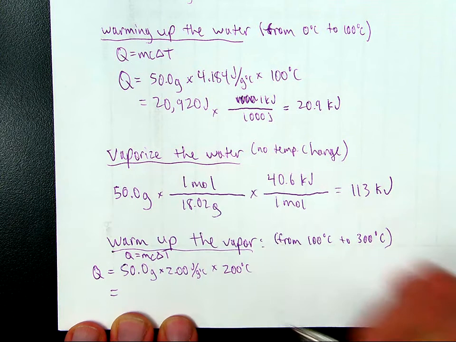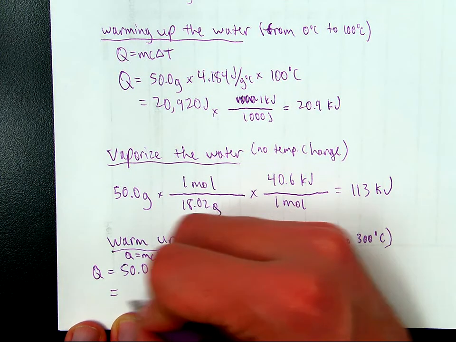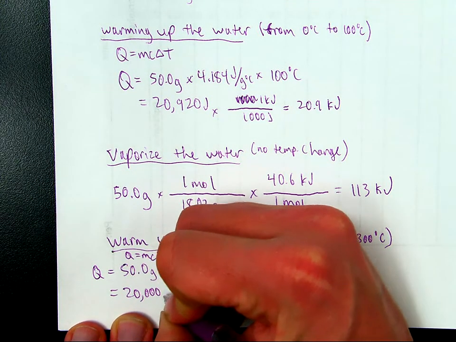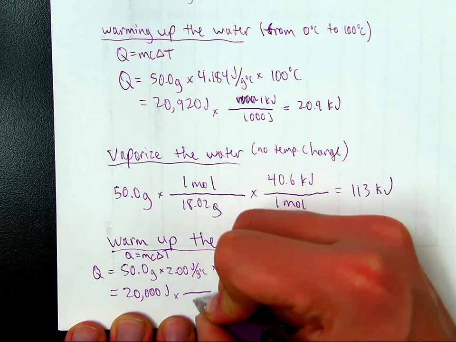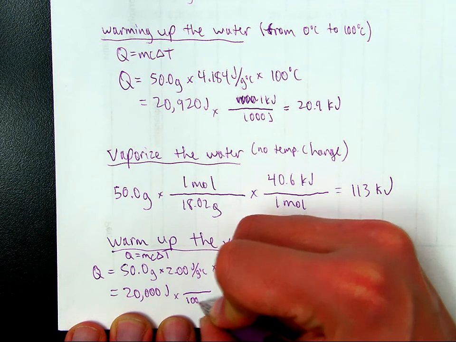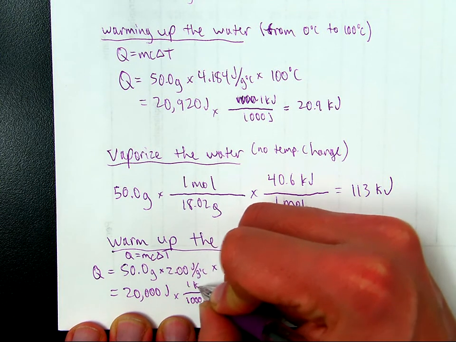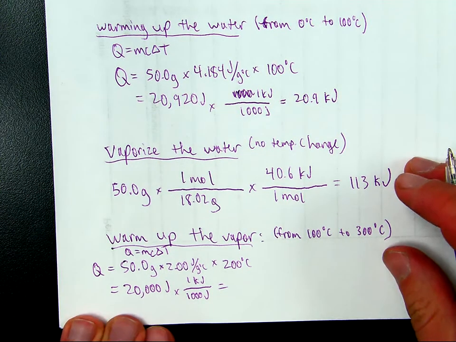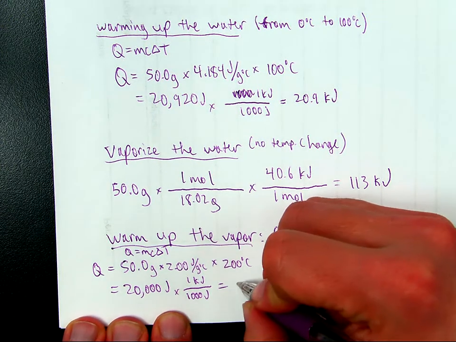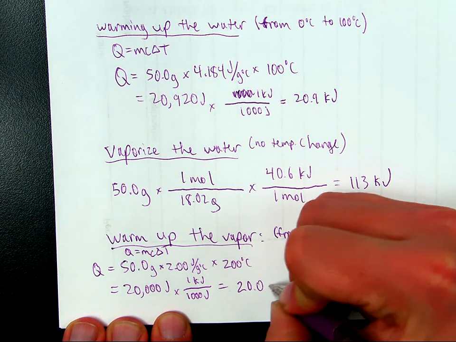When you do that calculation, it comes out to 20,000 joules, and then you convert that where 1,000 joules is equal to 1 kilojoule, and that gives you 20.0 kilojoules.